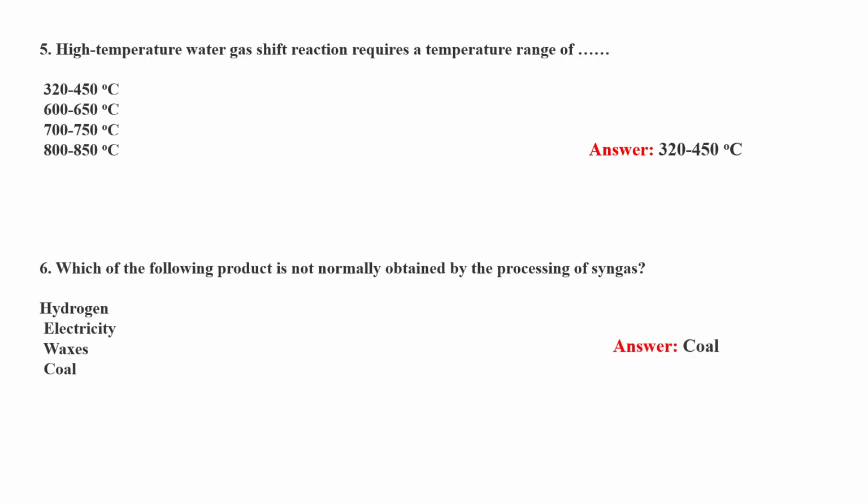The answer is coal. All other products are produced: after the synthesis we can get hydrogen also, electricity also, waxes also in the form of liquid fuels. But coal, which is the reactant for syngas, we cannot get it back.